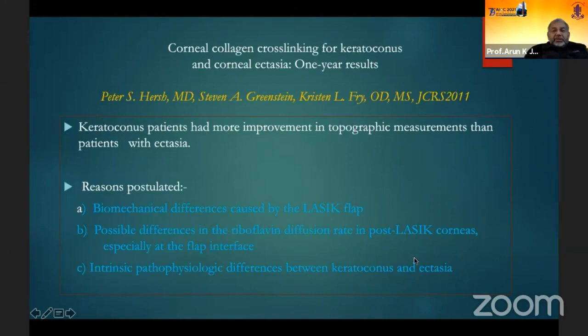And as we know, in these post-LASIK ectasia patients the corneal collagen may be a little different. So the intrinsic pathophysiological differences between keratoconus and post-LASIK ectasia eyes may be making a difference as far as the recovery is concerned.